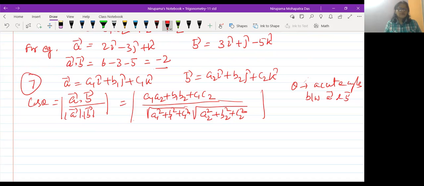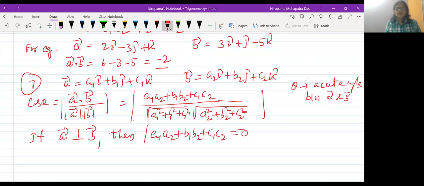Now, if A vector is perpendicular to B vector, then as we know A dot B is 0, so it means A1 A2 plus B1 B2 plus C1 C2 equal to 0. Okay, so if you are given vectors in component form, this is the way you can check whether the vectors are perpendicular or not.